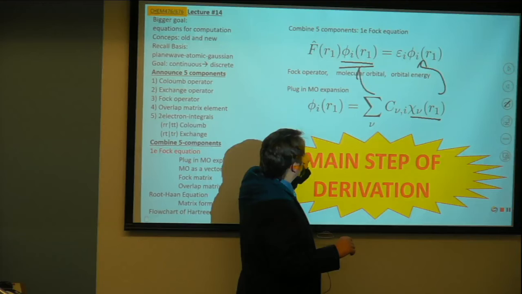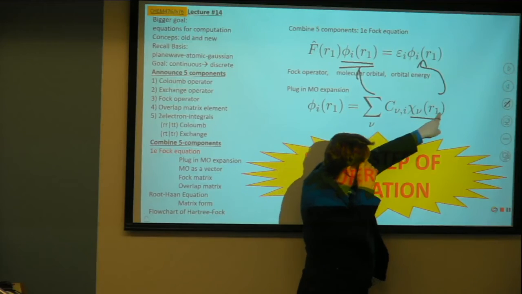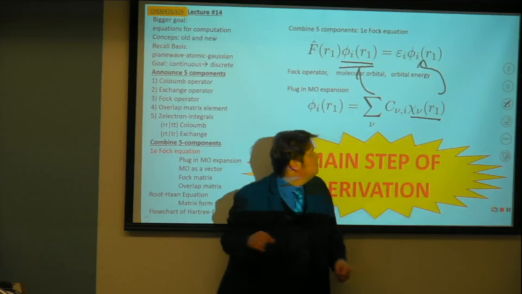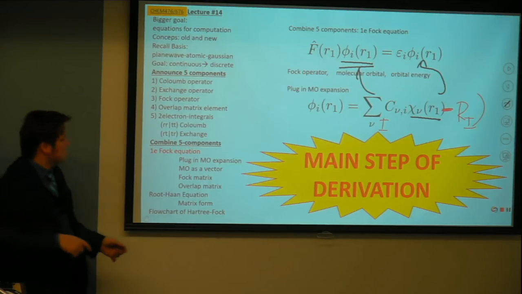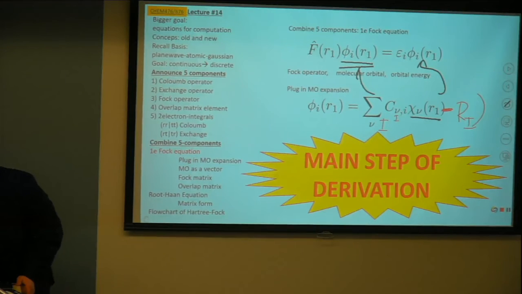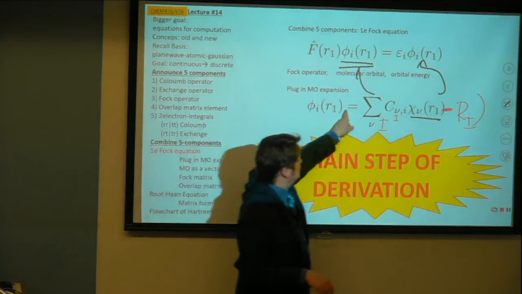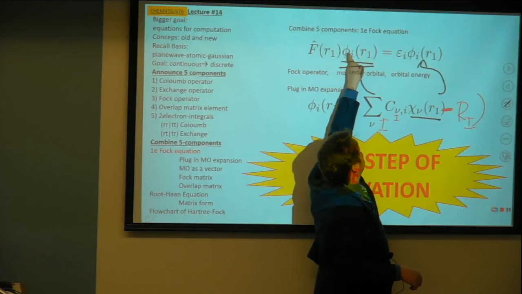So we are going to use expansion of the molecular orbital in the basis of atomic orbitals. Let me draw this. And we are going to plug in this expansion instead of the molecular orbital here and there.